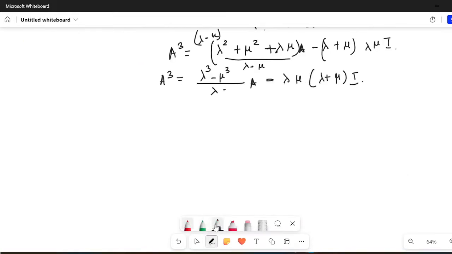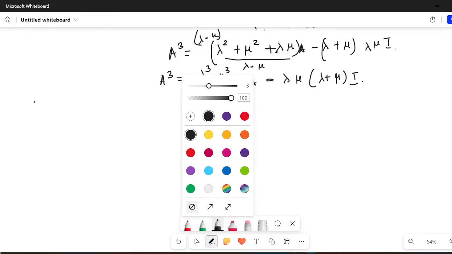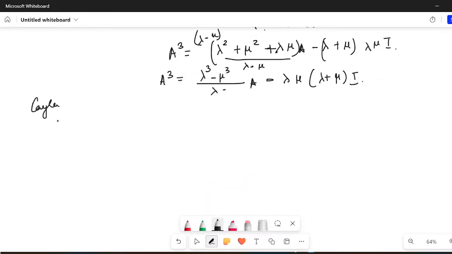Secondly, let us now write another theorem, which is called the Cayley-Hamilton theorem. What does the Cayley-Hamilton theorem say? As I wrote above, it says that every square matrix satisfies its characteristic equation.